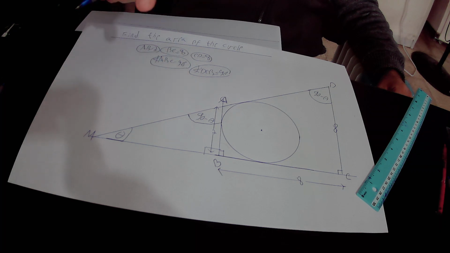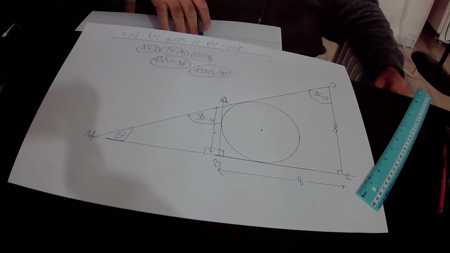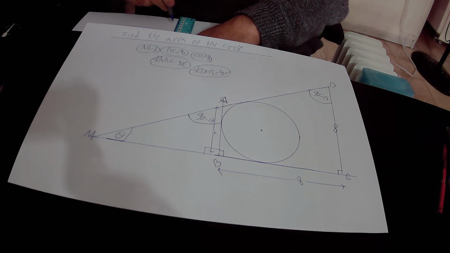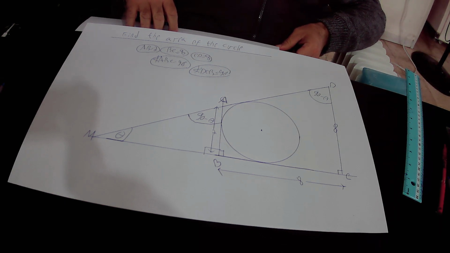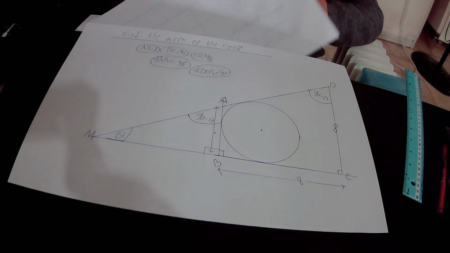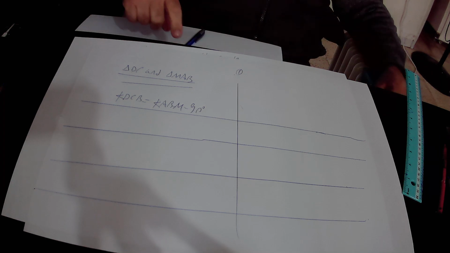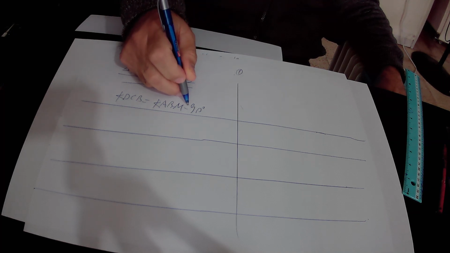This is actually angle ABM. Repeat again. Angle DCM in the big triangle equals angle ABM in the small triangle. They are both equal to 90 degrees. Therefore, they are equal to each other.